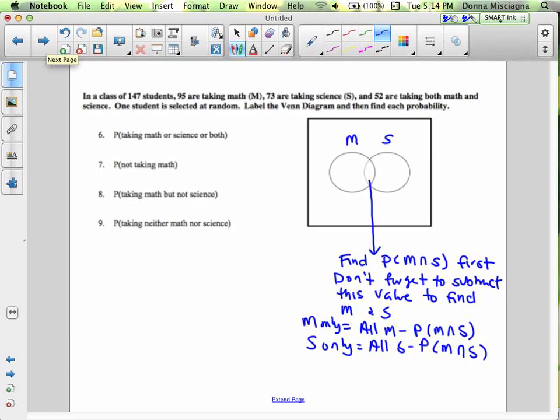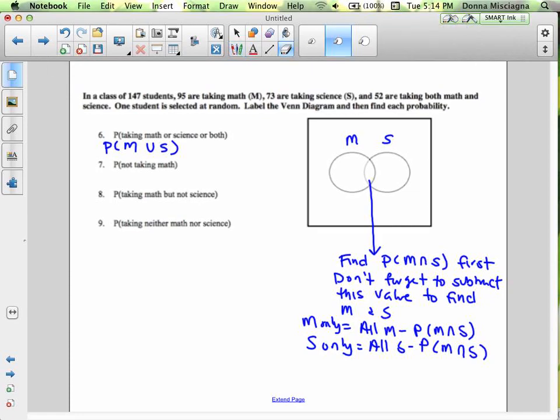And then the probability of taking math or science or both just means the probability of math or, excuse me, not and. I'm saying or and I'm writing and. The probability of math or science, since both is covered in that, so long as you remember to count the both. And don't count them more than once, right?